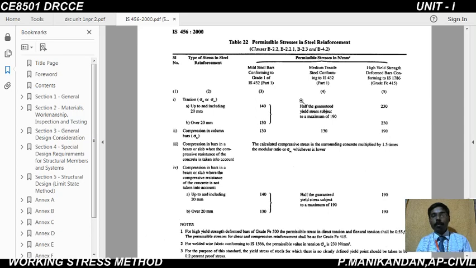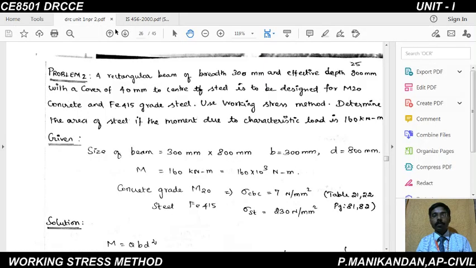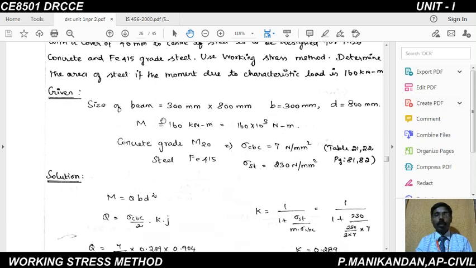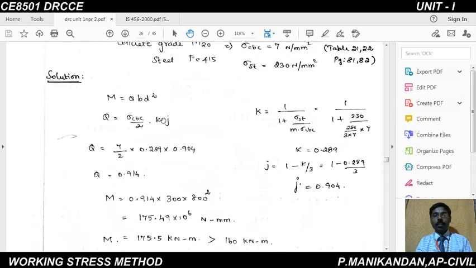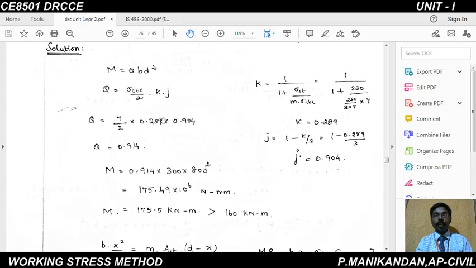As the given steel is Fe 415, it belongs to the high yield strength deformed bar category, so the sigma ST value is 230 newton per mm square. So we have found the sigma CBC and sigma ST values. Next we can proceed to the first step of the problem.